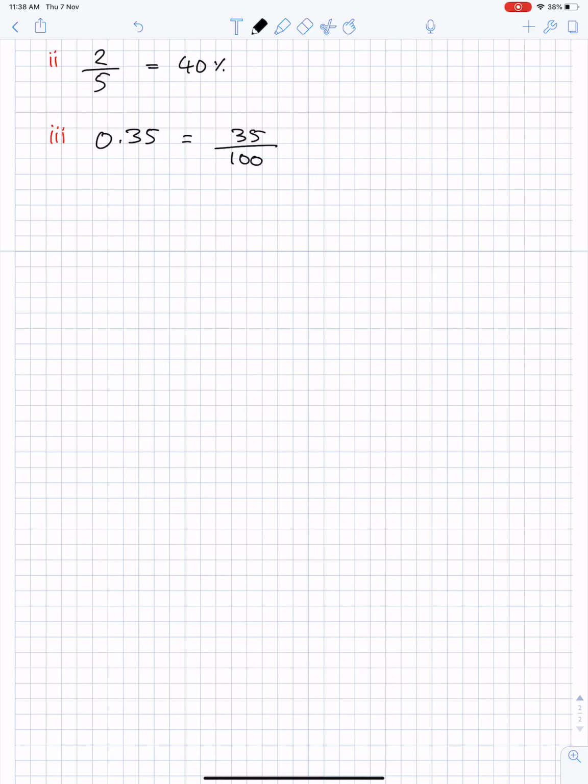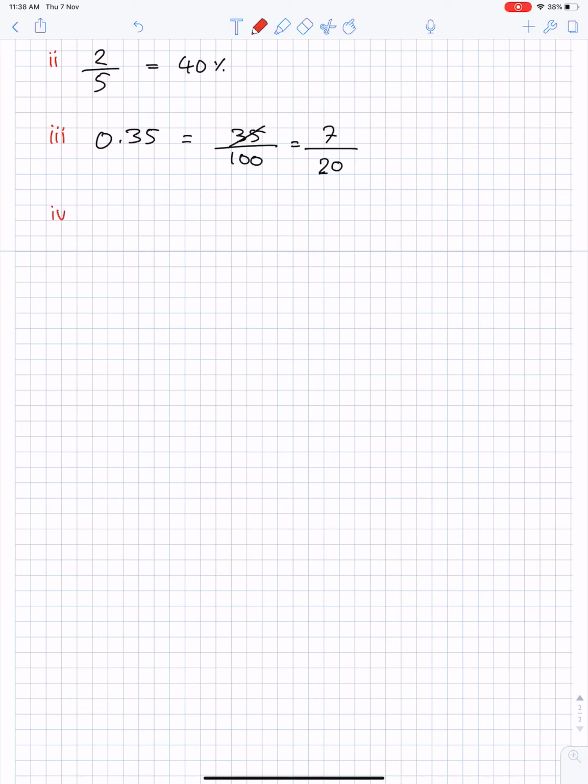For example, let's go with your 5 times table. So 35 divided by 5 is 7, and 100 divided by 5 is 20. And it doesn't go any lower than that. Let me just double check with the calculator. Yep, 7/20. That's as low as it goes. So that would be the answer.